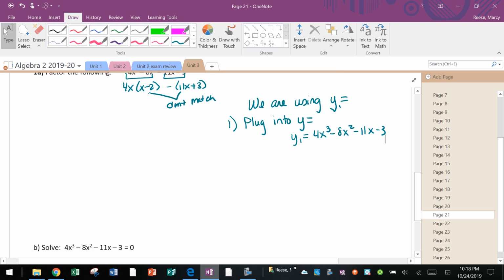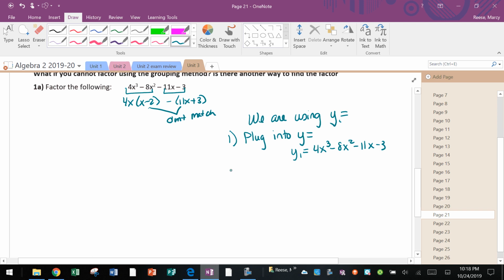So what I'm going to do is use my table or my graph. So this is the second part. I'm going to look at the table or my graph for zeros. So once you plug that into y1, I'd actually just go to the table.